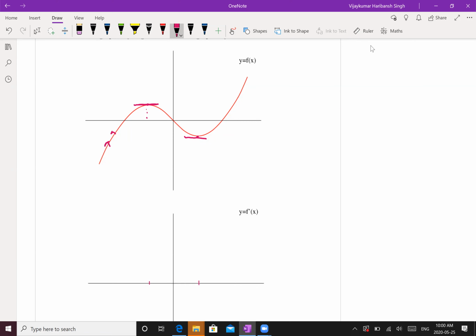So before this point, the derivative is positive, but it goes all the way to become 0. So the slope is getting smaller and smaller, and then it basically goes on to become 0. After that, the function is decreasing. That means the derivative is negative, and it goes on.